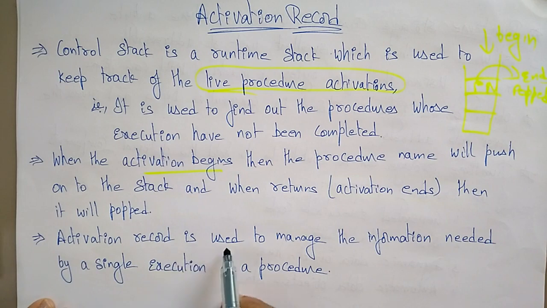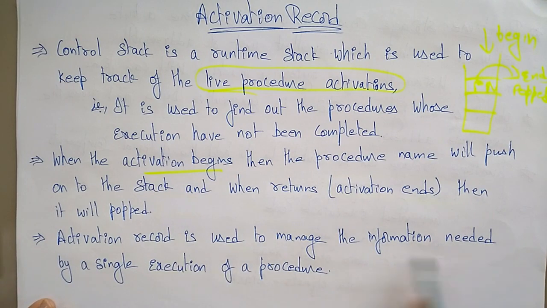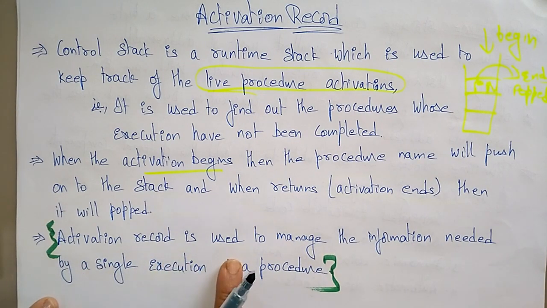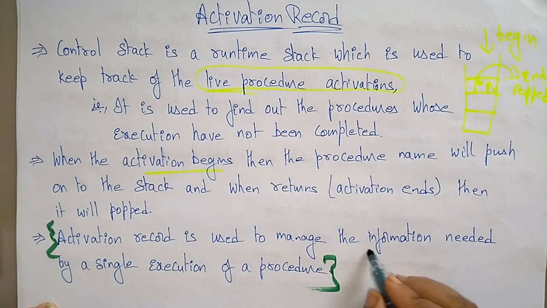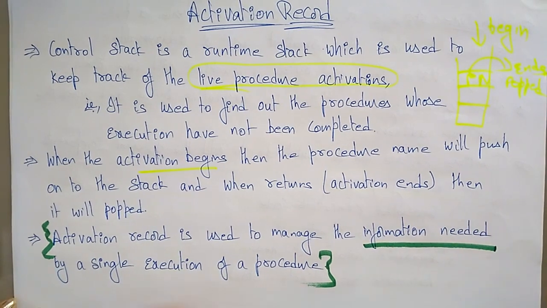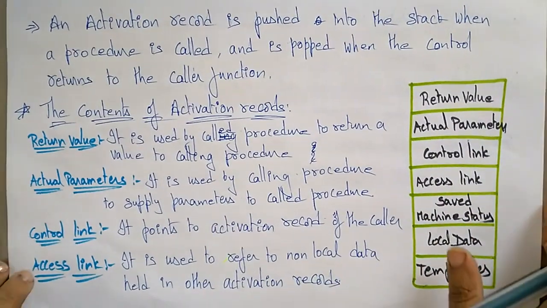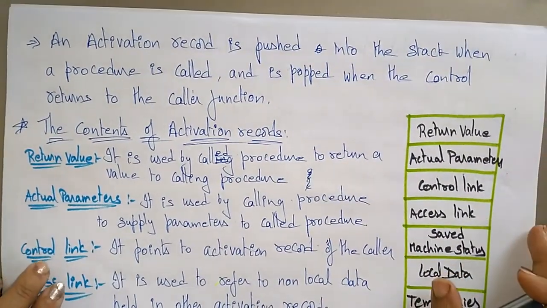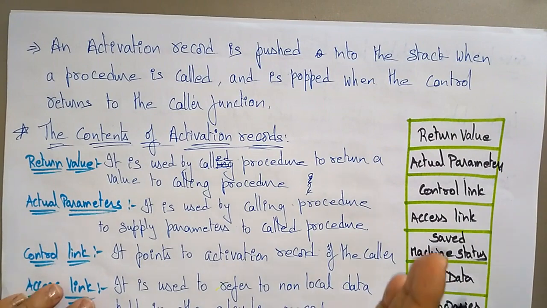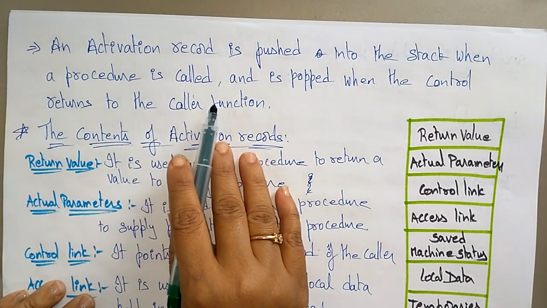The activation record is used to manage the information needed by a single execution of a procedure. So this is the main concept. An activation record is pushed onto the stack when a procedure is called.